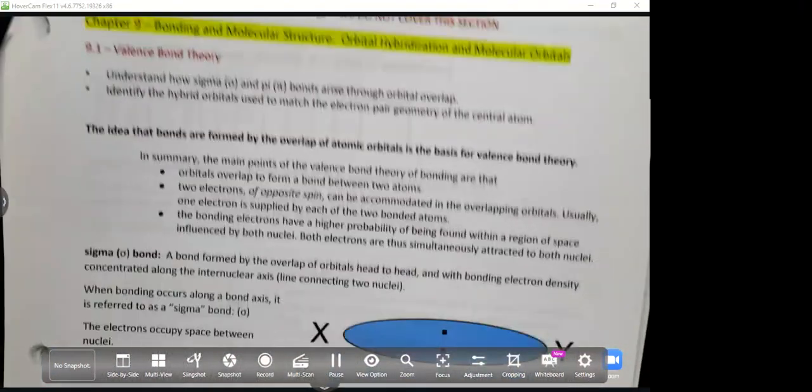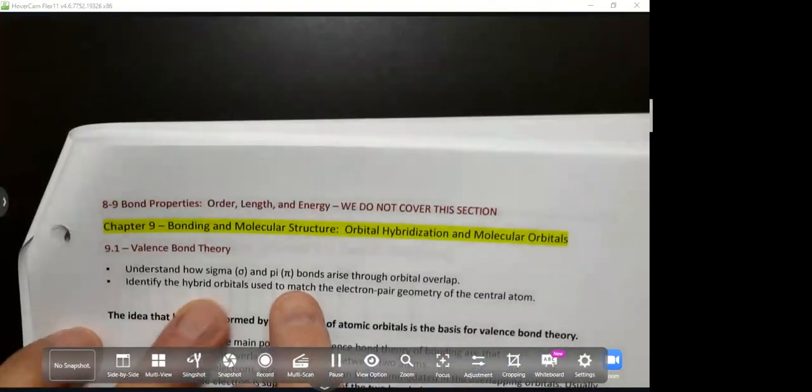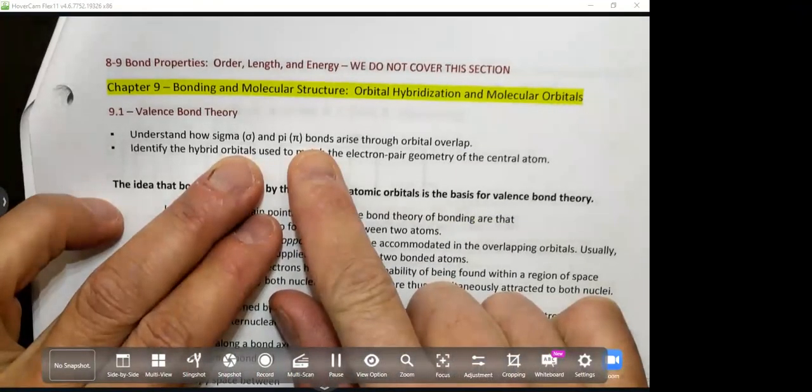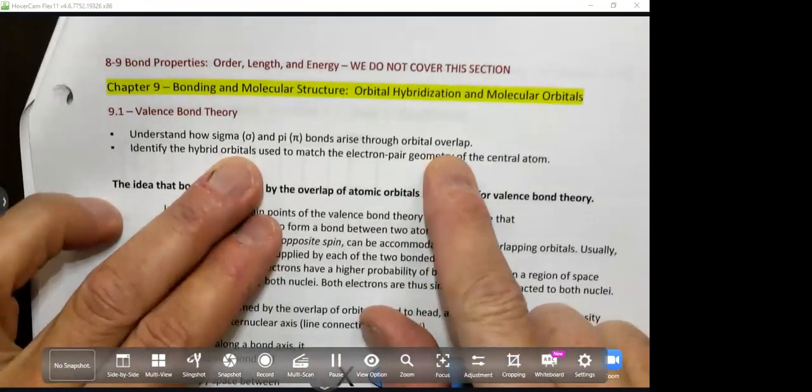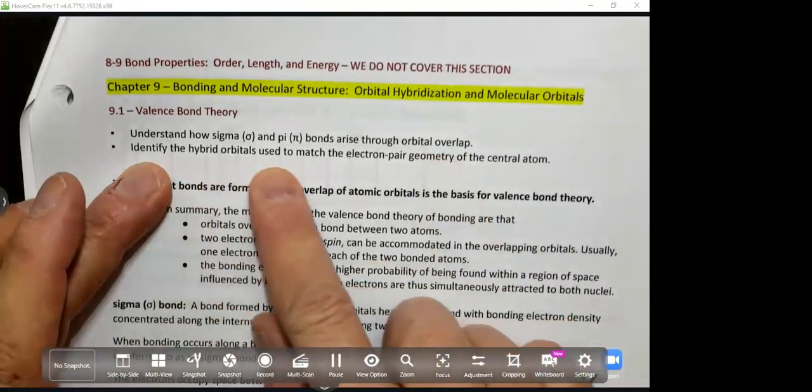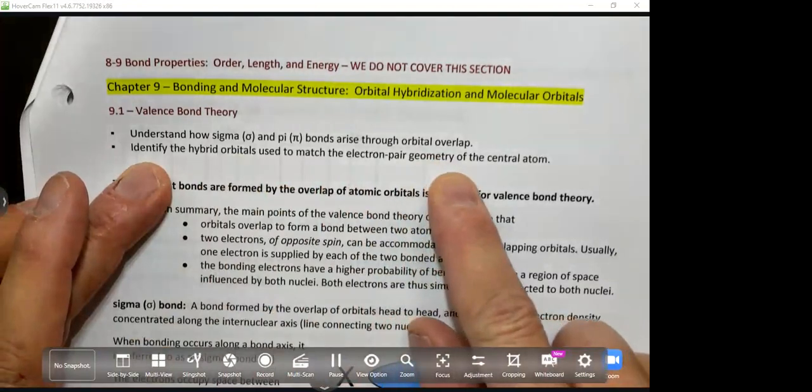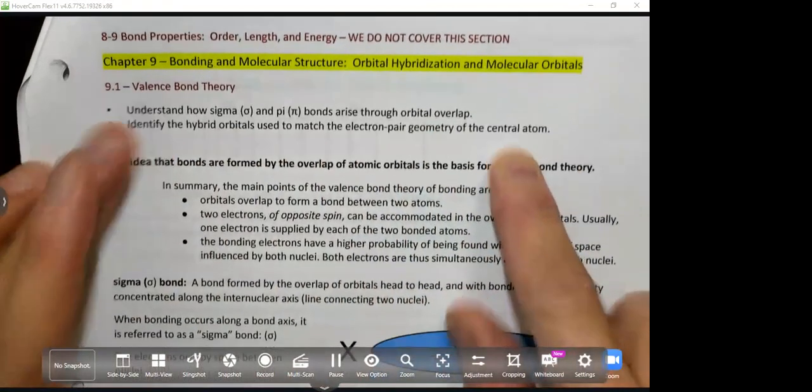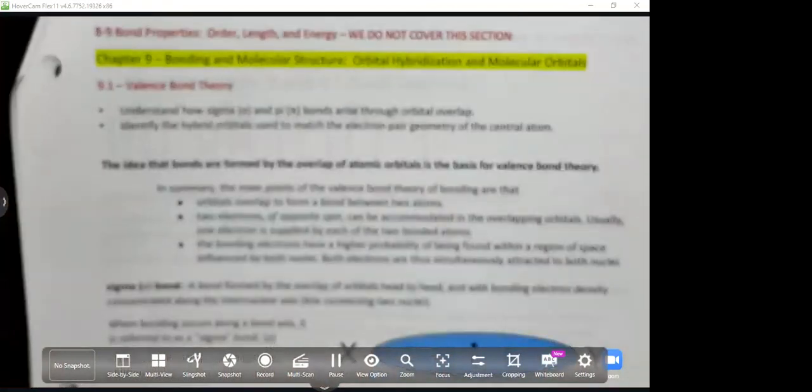So this concept of hybridization is what we need to talk about. We're going to understand sigma and pi bonds arise through orbital overlap. Identify the hybrid orbitals used to match the electron pair geometry of the central atom, which really is hybridization.